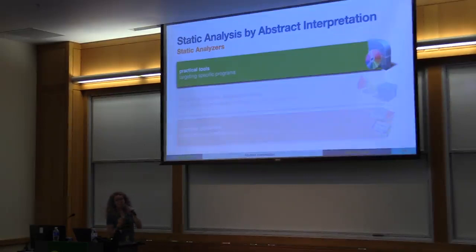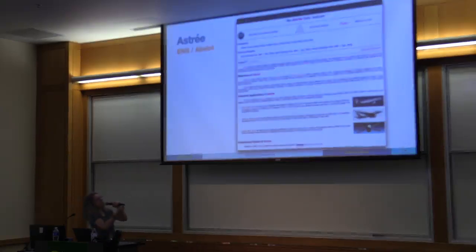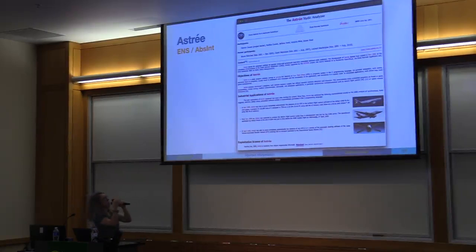I just want to say a bit more about static analyzers today, in a sense. This one is maybe the most successful one, I would say. This was developed by Patrick Cousot, Radhia Cousot, Antoine Miné, Xavier Rival, and so on, the PhD students at the time at ENS. And it was a collaboration with Airbus.